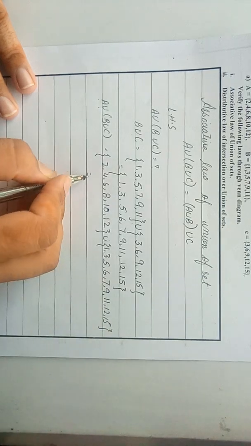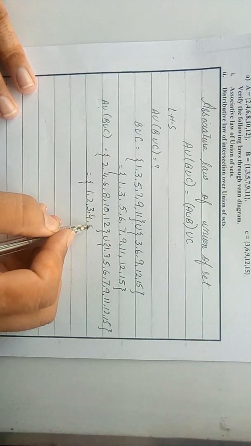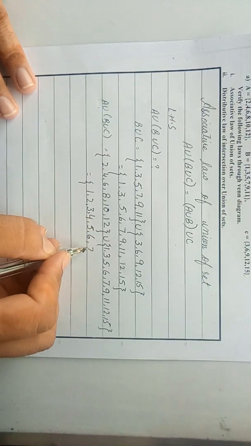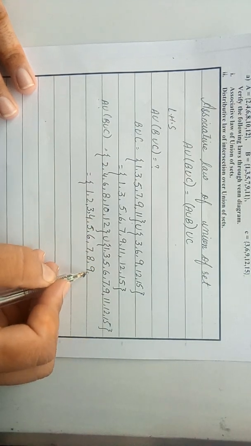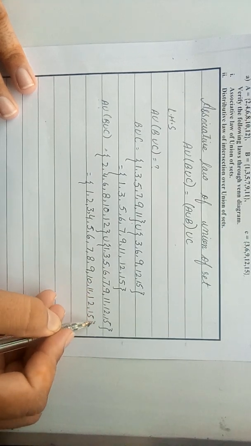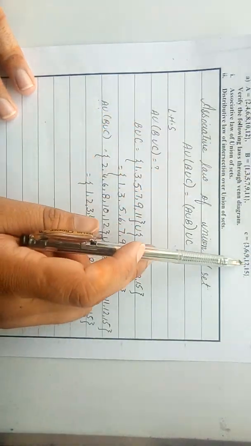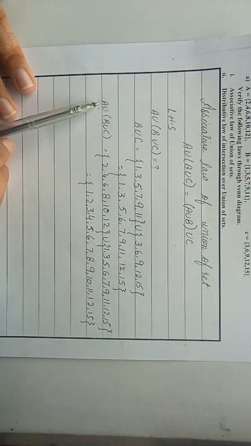The union of these two sets will be {1, 2, 3, 4, 5, 6, 7, 8, 9, 10, 11, 12, 15}. This set contains all the elements of A, B and C, because we have taken the union of B and C and then with A.